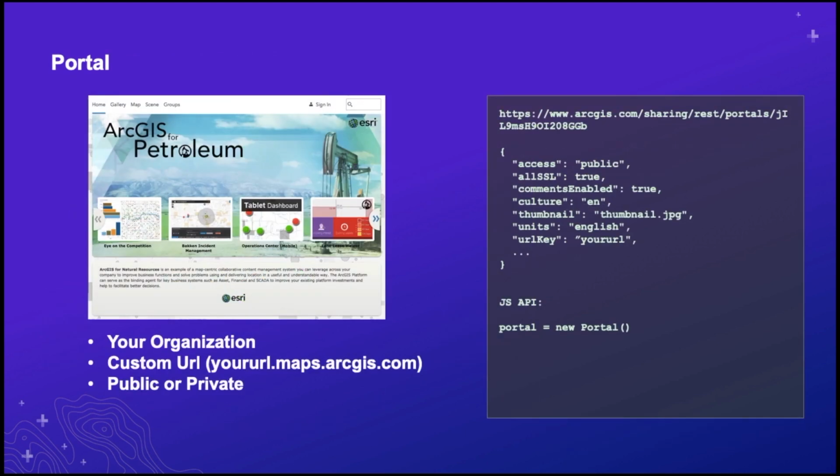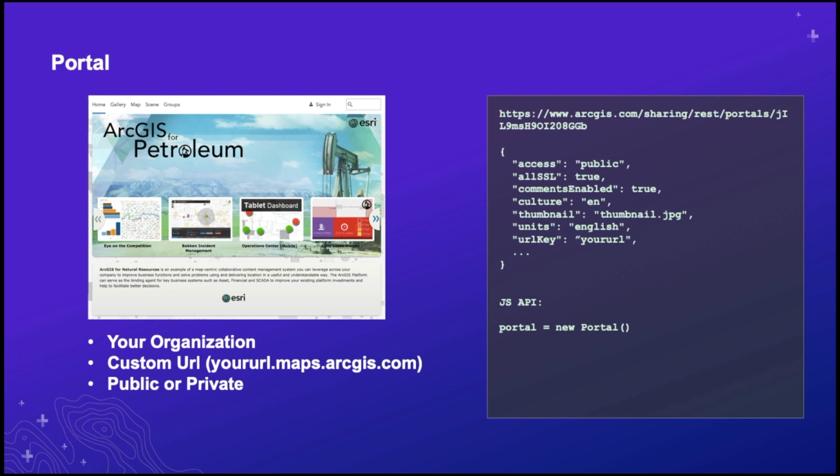So a little bit more detail about each one of these. First of all, there's the portal. When you subscribe to ArcGIS Online, you get a virtual portal. We sometimes call this an organization, sometimes your subscription, but they all refer to this concept. And your portal can either be public or private. When you set up your portal, you set up a custom URL of your choosing, something.maps.arcgis.com.